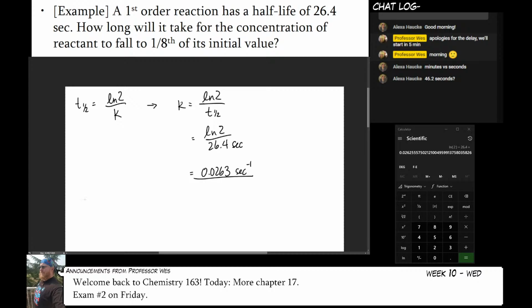Okay. Now if I go to the integrated rate law for a first order reaction, I could say, well, if the initial amount is x, and the amount at time t would be 1/8 of x, we could just fill all this in, right?